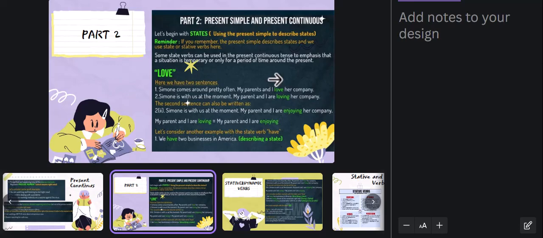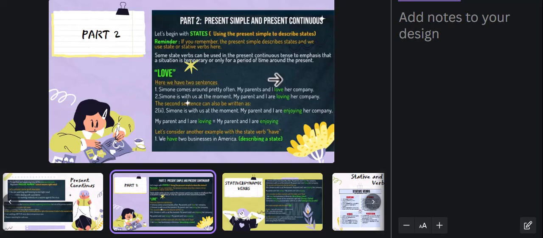So you're gonna ask me, what is a stative verb? Some stative verbs can be used in the present continuous, and this is yes. Sometimes people say have, having. This is correct to emphasize the situation in a temporary time or period of time.